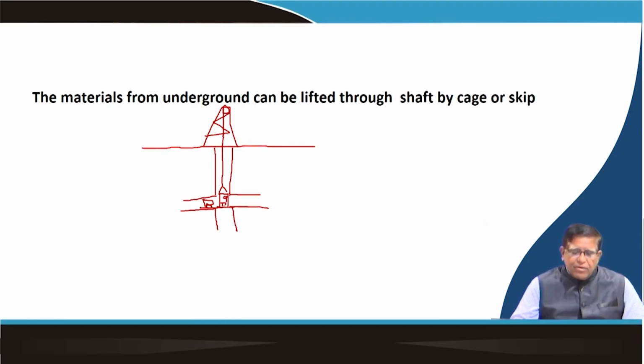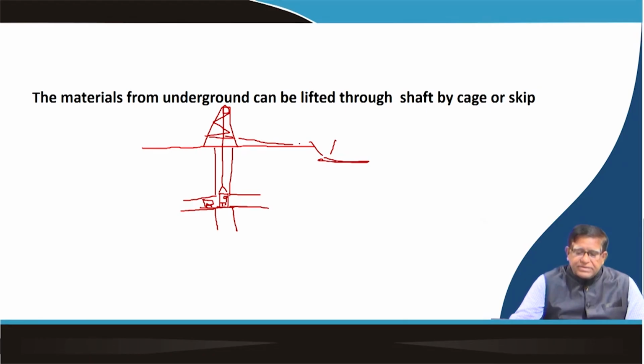When it comes up to this level, it is taken out, and in the pit top layout the car goes and is given to a hopper, from where it can go to a conveyor belt or to the users, and the car returns back. You may have a creeper over here, and then putting the cage again, the cage which was here will be lowered down and this will go on.